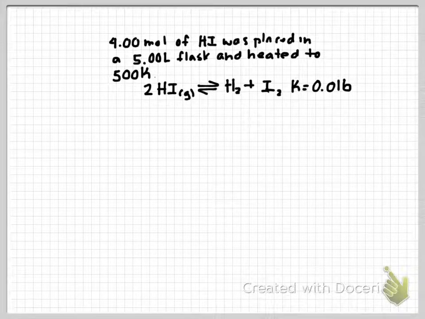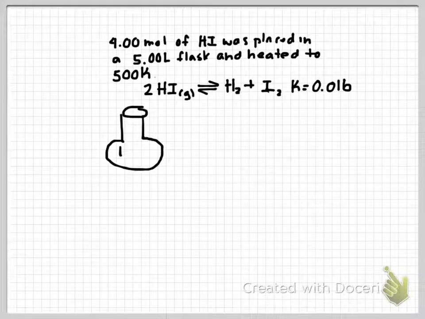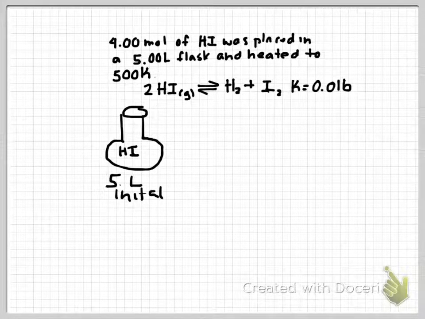So let's first look at a picture of what we're dealing with. It's always good to sketch out your problem statements, even if it is just a very simple sketch like this one's going to be. So we have a flask, and it has some hydrogen iodide in it. It's 5 liters. These are my initial conditions.